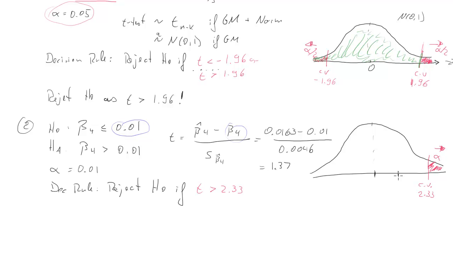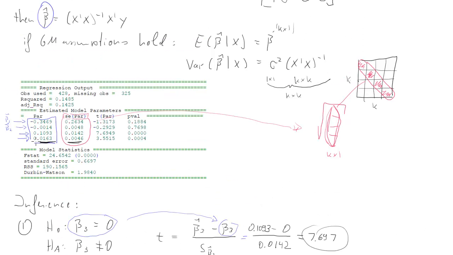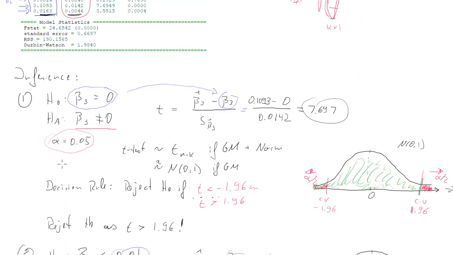So that value is about here. Remember 0 is here, therefore we do not reject H0. So there is not sufficient evidence to reject the null hypothesis and conclude that beta 4 is larger than 0.01, although the estimated value beta 4 hat is of course larger than 0.01.